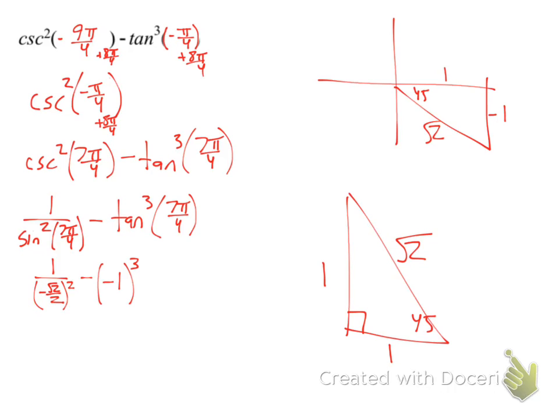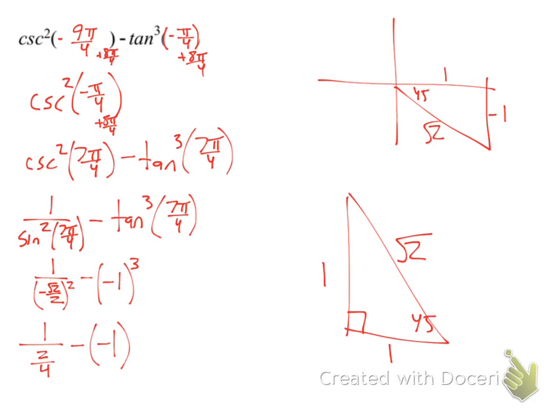Now, when I square a negative, it becomes positive. So I get 1 over the square root of 2 squared. Oh, I'm squaring the fraction. It's going to be 2 over 4, because I square the top and bottom. Minus, what's negative 1 cubed? Negative 1.